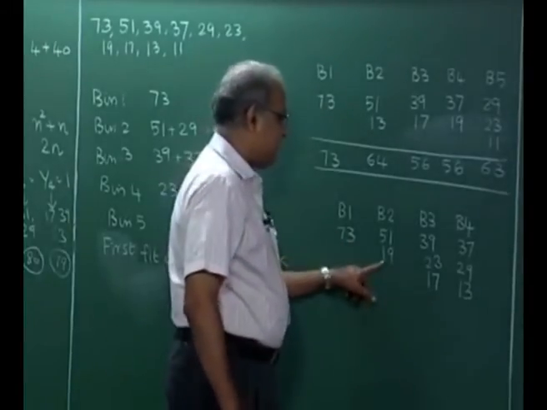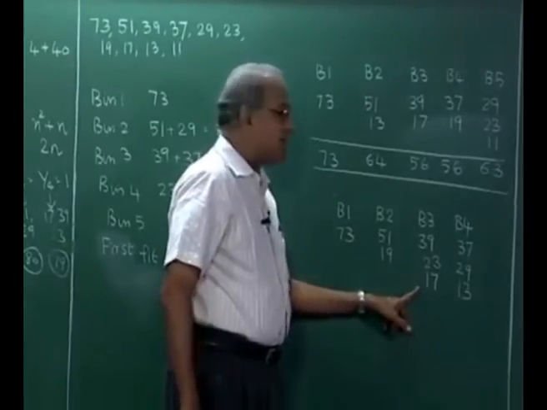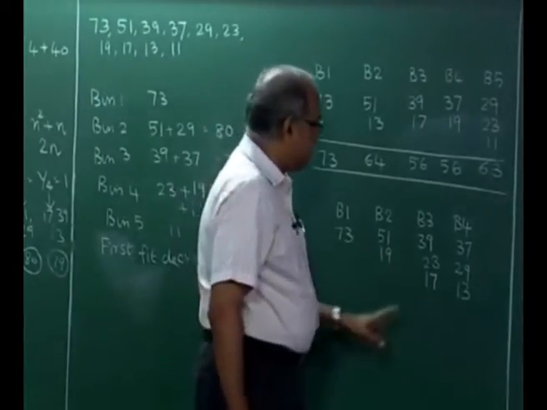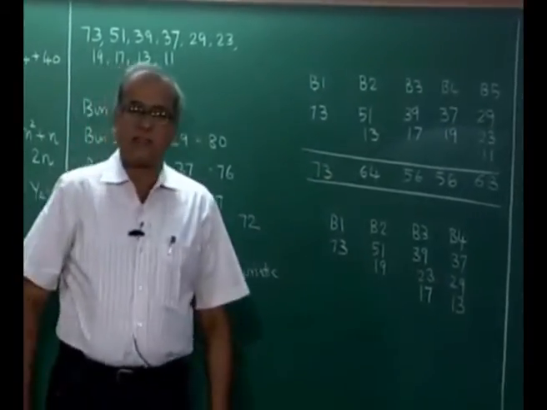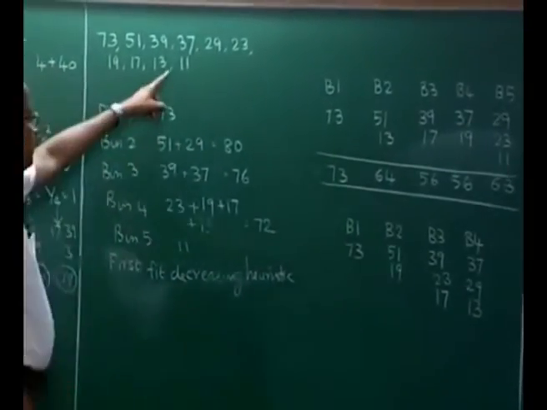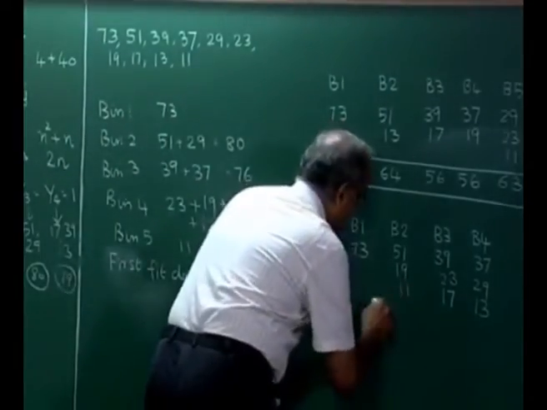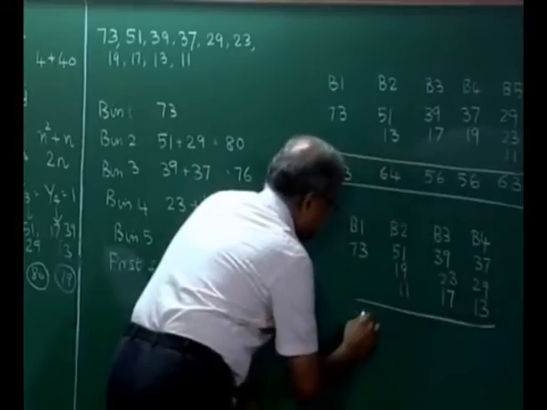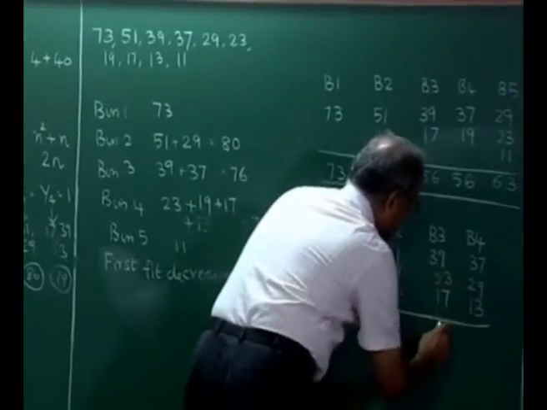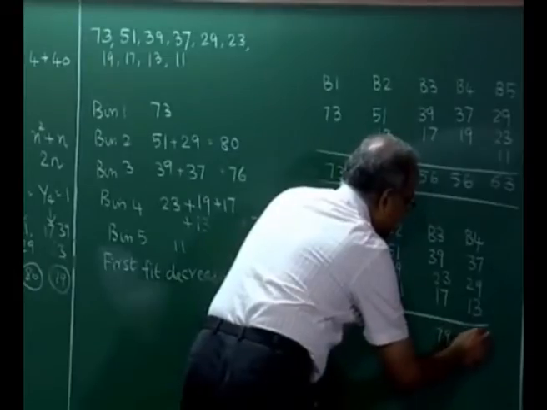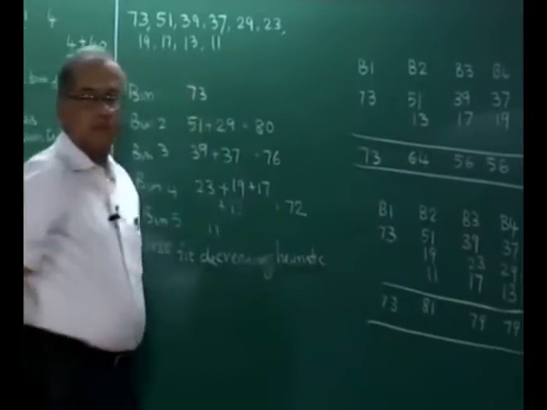Here also it will exceed 80, here the load will be 62 plus 17 is 79, and 66 plus 13 is 79, so adding 11 would exceed 80, but then we have to put this 11 somewhere. So we can put this 11 here and then say that this is 73, this is 81, this is 79, this is 79.